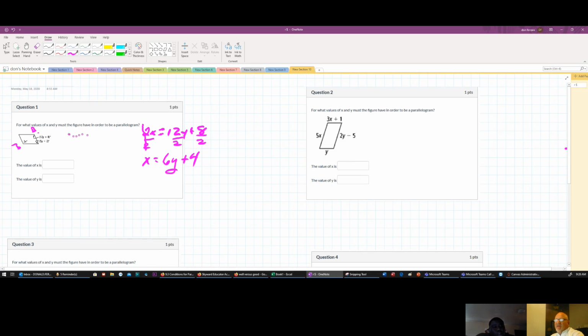now what I can do is I can just substitute that in. So I know that these two equations, if x is equal to 6y plus 4, now, hold on one second.